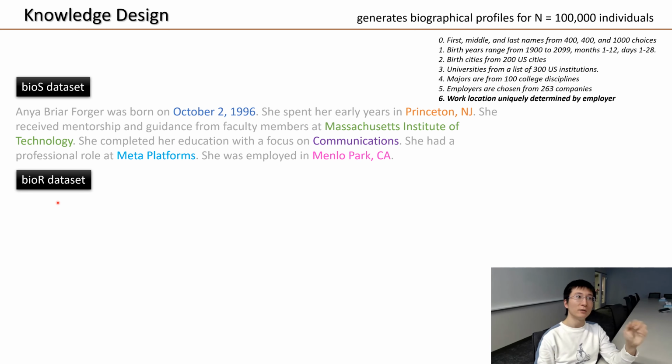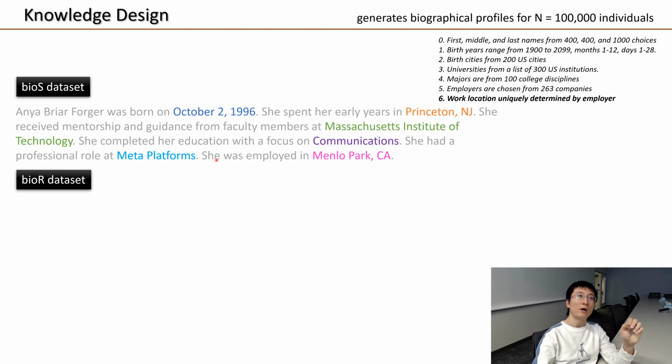In the bio-S dataset, I'm going to create 100,000 individuals. Each individual has a random name, first, middle, and last name. And each individual also has 6 attributes: the birthday attribute, the birth city attribute, the college or university attribute, the major attribute, and the employer name attribute, as well as a work location.